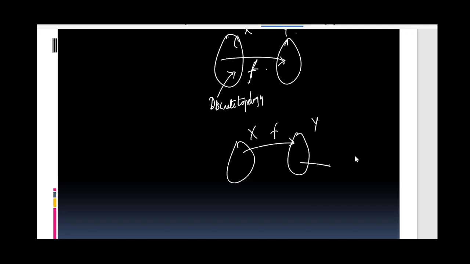Now here in the codomain, if you are having indiscrete topology, then also your function should be continuous. So in topology, it's very easy to define a continuous function. You take in the domain discrete topology, then any function is going to be continuous, or in the codomain you take indiscrete topology, in that case also the function should be continuous.